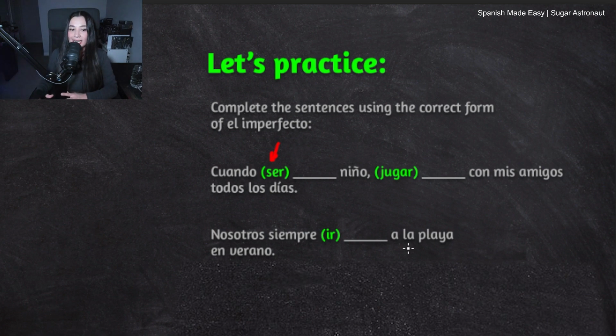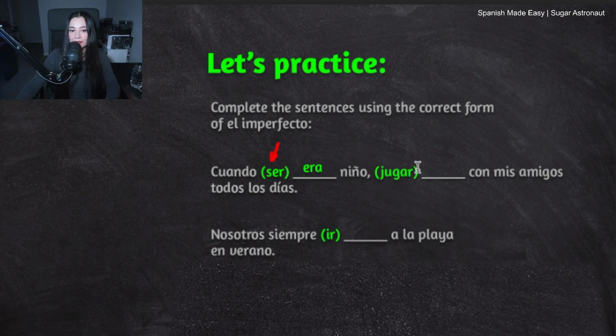When I was a child, cuando, then the verb ser, niño. So this needs to be in the imperfect form. So cuando era niño, when I was a child.